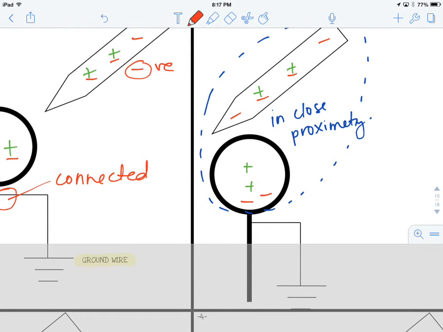So overall, these two objects together, when we bring them close together, there's too many negatives.